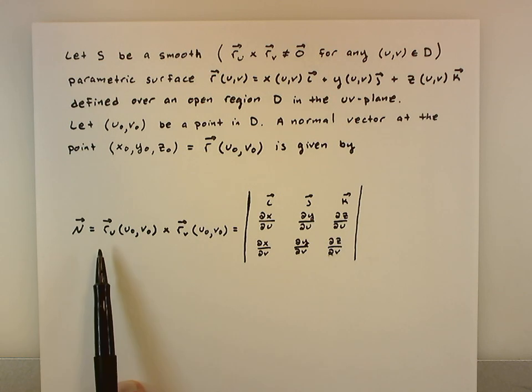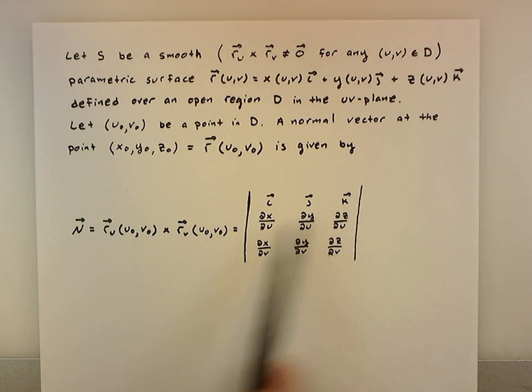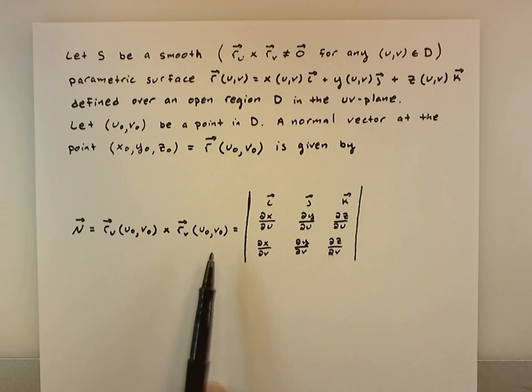Vector n is the cross product of r_u crossed with r_v. And this is how you set up the cross product for those two vectors.